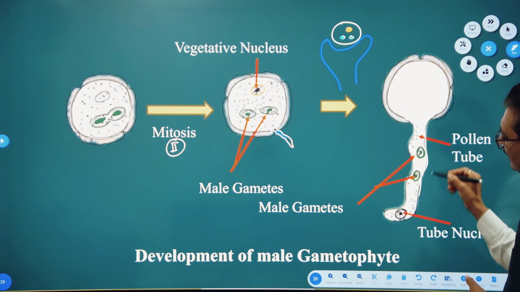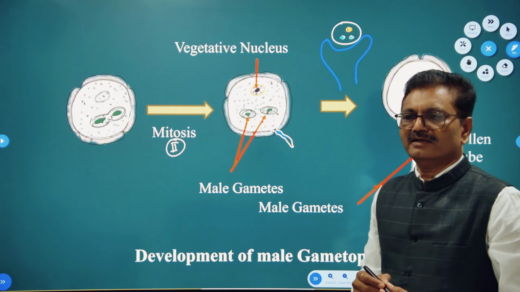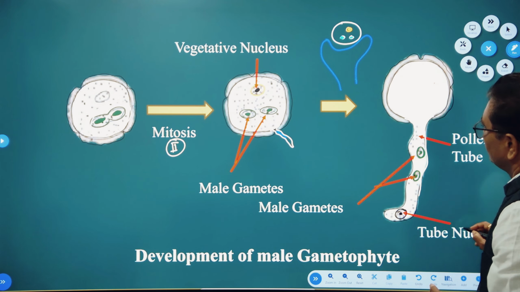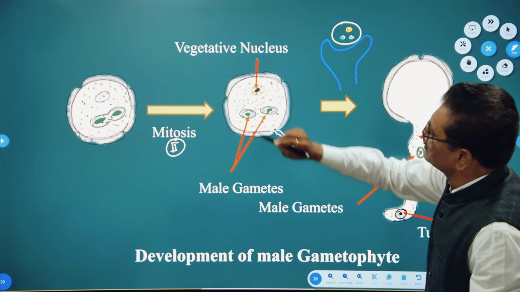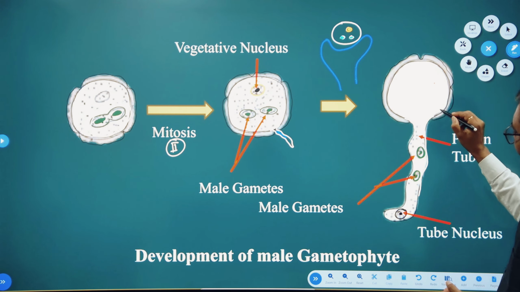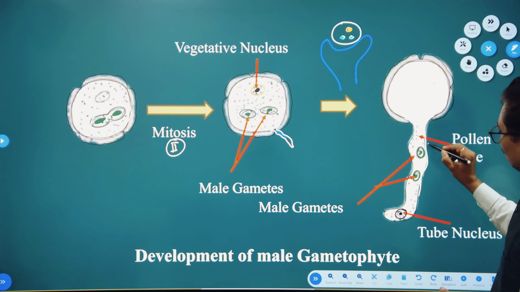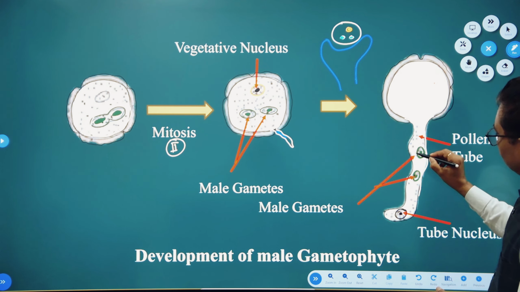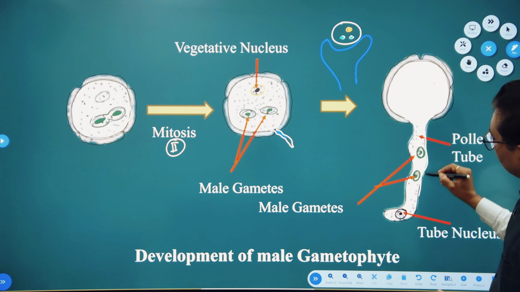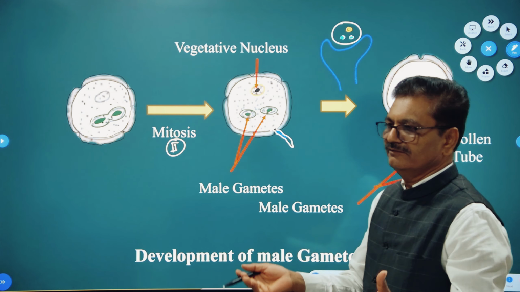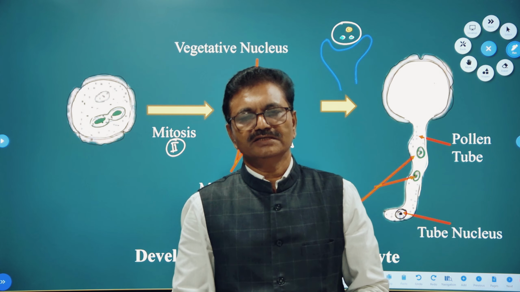Now who will direct this? Who has been given this work of direction? This tube nucleus, or you can say the nucleus of the vegetative cell, takes the initiative, forms the pollen tube and directs the male gametes in the pollen tube, and then the male gametes will enter the pollen tube and later take part in fertilization.